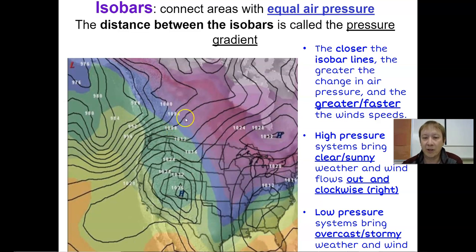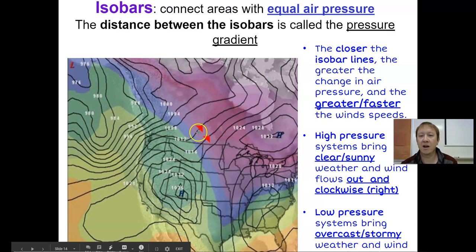Okay. So between this line right here and this line right here, which are 1012 and 1016, we have a pressure gradient, so it's an increase in pressure from 1012 up to 1016.